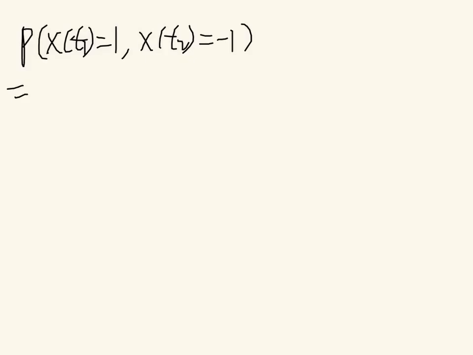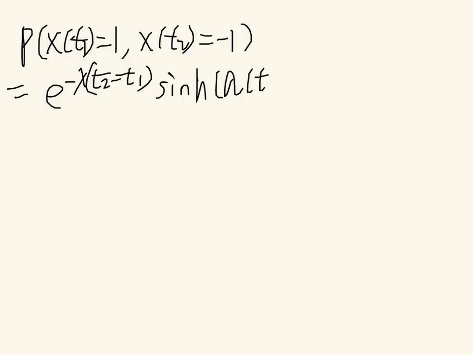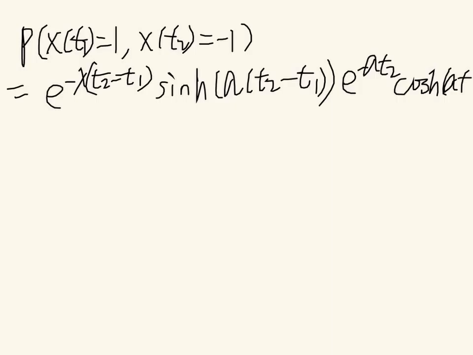And the probability of X(t1) equal to 1, X(t2) equal to minus 1, is equal to e to the minus lambda (t2 minus t1) times sinh of lambda (t2 minus t1) times e to the minus lambda t2 cosh of lambda t2.